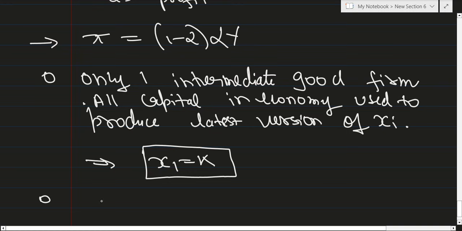Okay, so the aggregate production function, that is K to the power alpha Ly to the power 1 minus alpha.